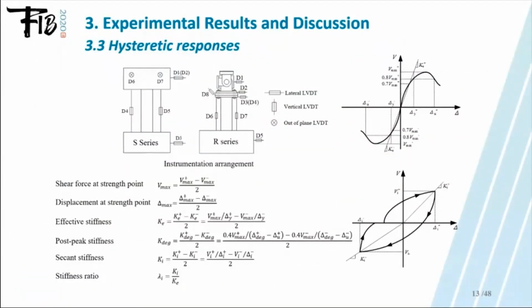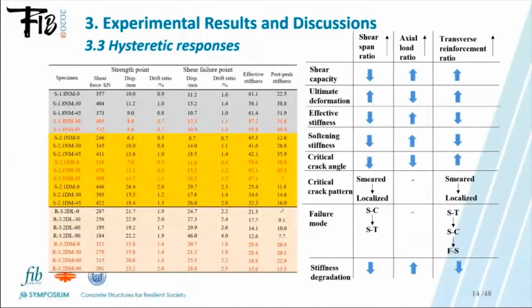In this research, key characteristics, including the maximum applied shear, lateral displacement at the maximum applied shear loading, the ultimate displacement and the loss of lateral load carrying capacity, as well as the effective stiffness and degrading stiffness were used here to describe the force deformation responses of test specimens.